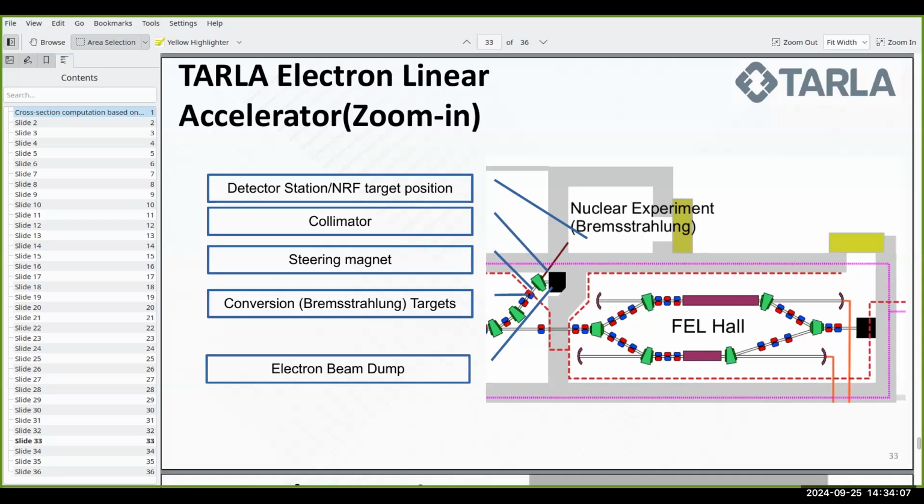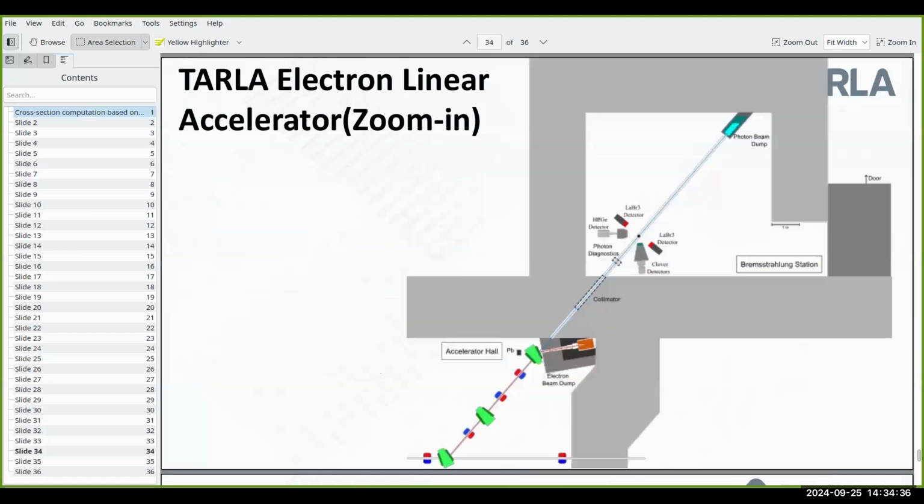They are also foil-like and look like targets, but their job is to convert electrons to photons. Then all the electrons which are not converted are bent away by the selecting magnet onto the beam dump that stays in the accelerator hall, and through the collimator inside the wall, we enter the Bremsstrahlung room with the photon beam.